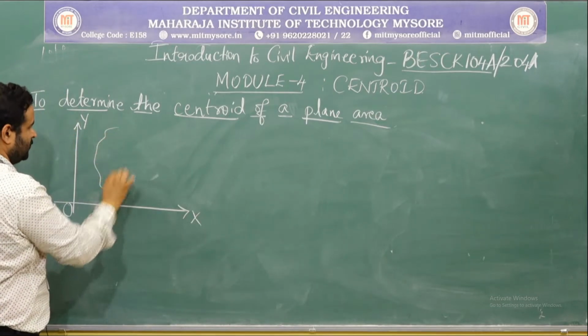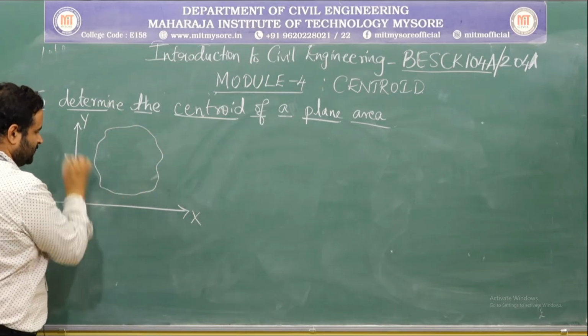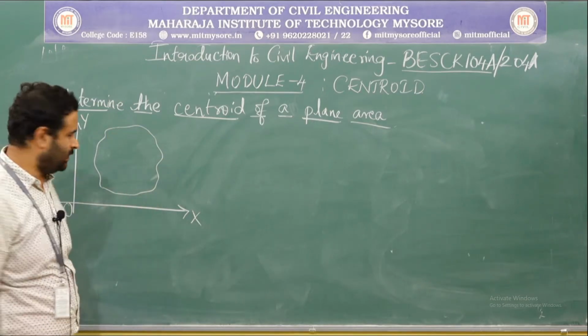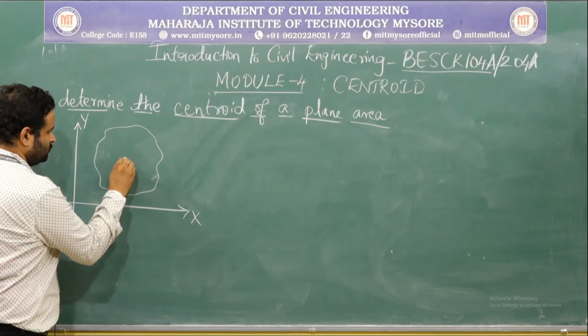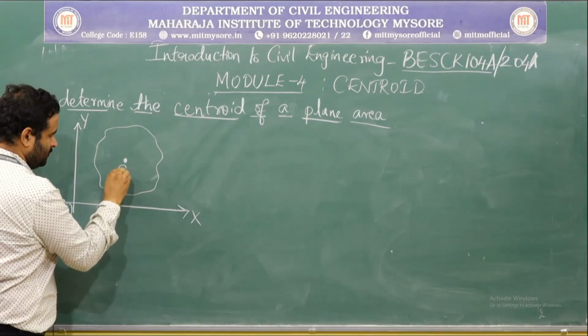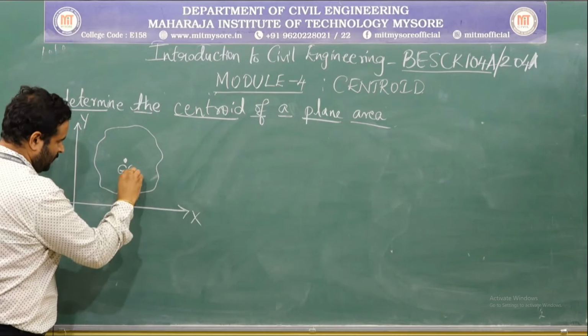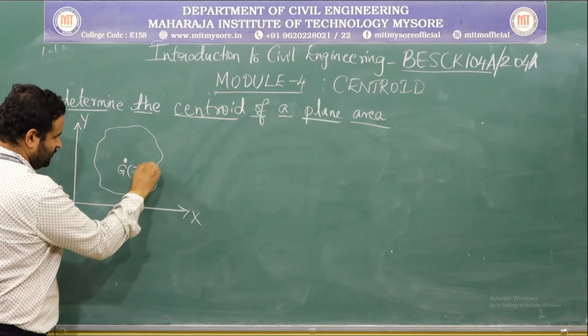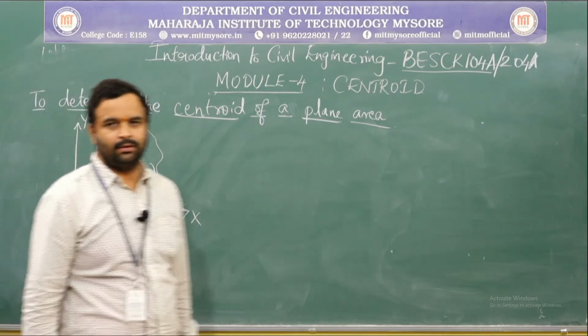Let us imagine there is an area whose centroid is G and it is represented as G of x bar comma y bar.